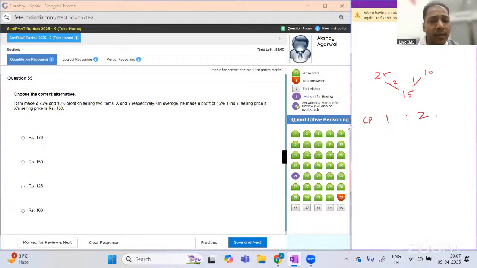Find Y's selling price if X's selling price is 100. X पे 25% profit करके he is selling it at 100. तो X का CP is 80. If X का CP is 80, CP of Y is 160, and basically there he made a 10% profit, so 176.